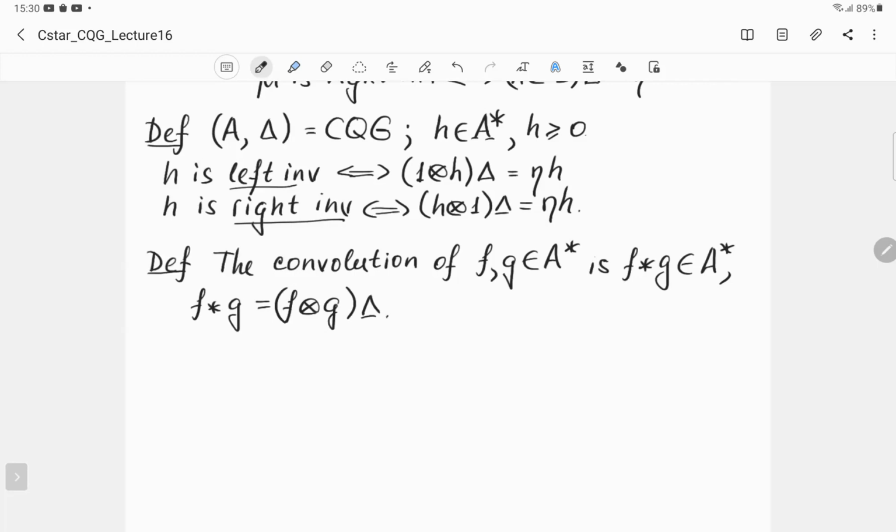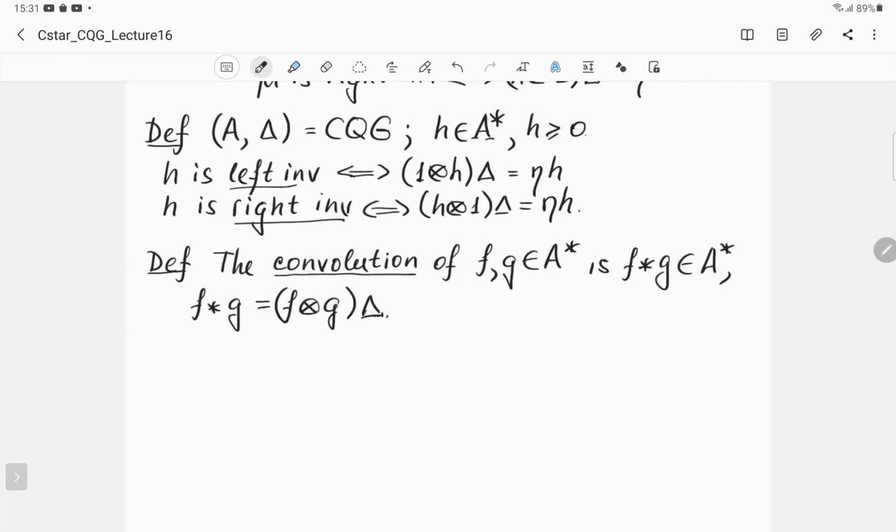We take the comultiplication and compose it with f tensor g, and the result is a linear functional on A. So we get an operation on the dual of A.